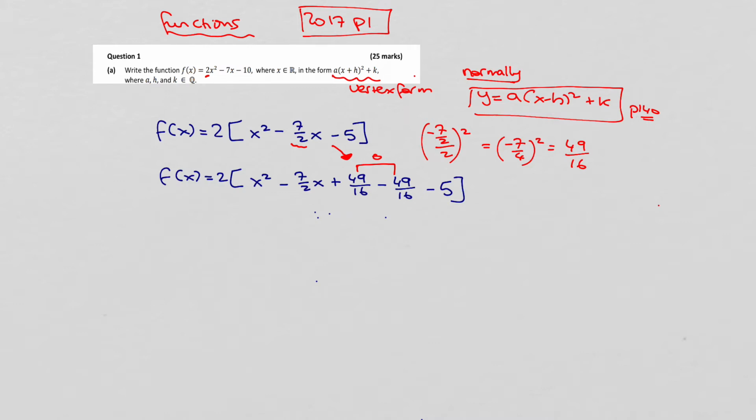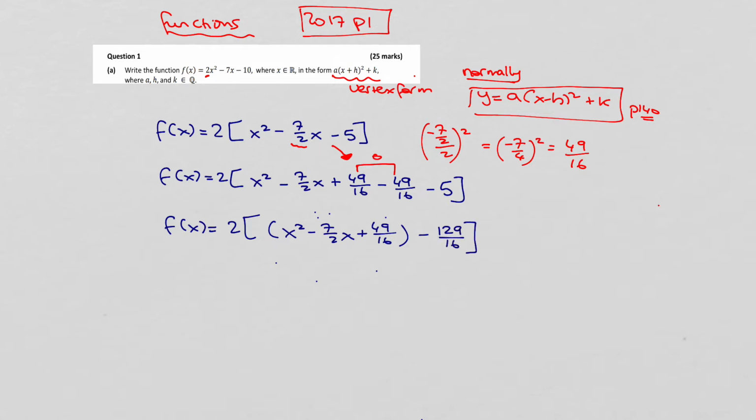So what we then want to do is we're going to put brackets around the first part, which is going to become our perfect square. So in other words, we'll have x squared minus 7 over 2x plus 49 over 16. And then if I have minus 49 over 16 minus 5, well, that gives me minus 129 over 16.